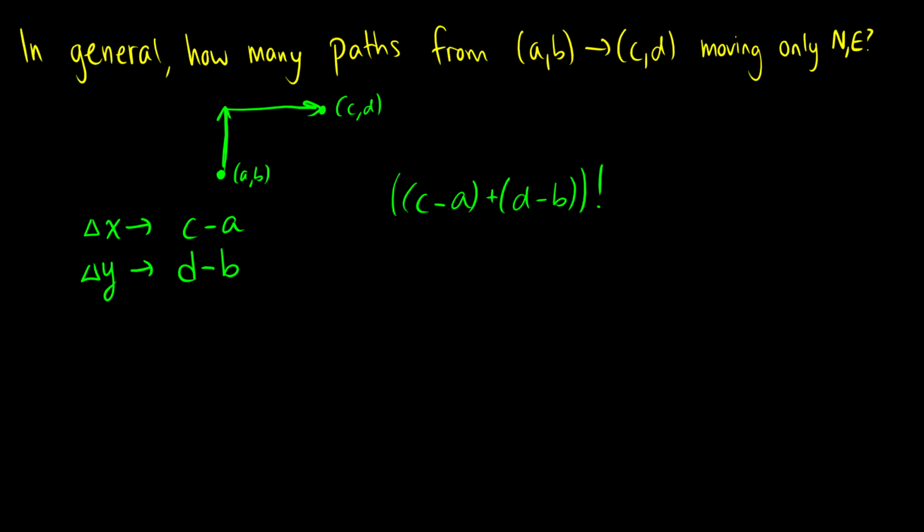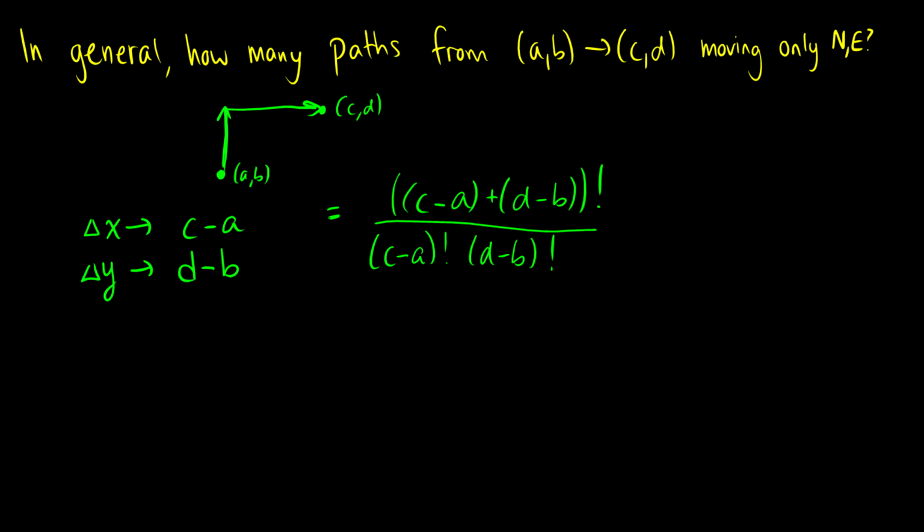So that's our factorial, C minus A plus D minus B factorial. And then we want to divide by how many of the same letter there are. So there's going to be C minus A easts, and there's going to be D minus B norths. So this is the solution to the general question.